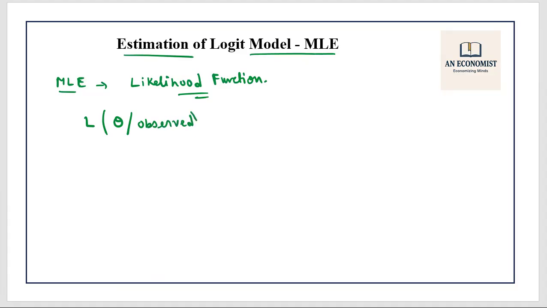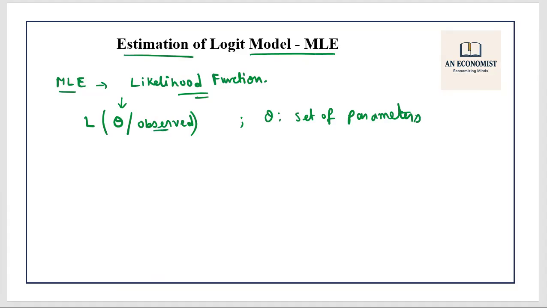So this is basically the general form. Likelihood will be a function of theta, where theta is the set of all parameters that you have in the model. In our model, it will be basically alpha and beta, the slope parameter and intercept parameter, the set of all the parameters that you have, and here you have all the observed observations.